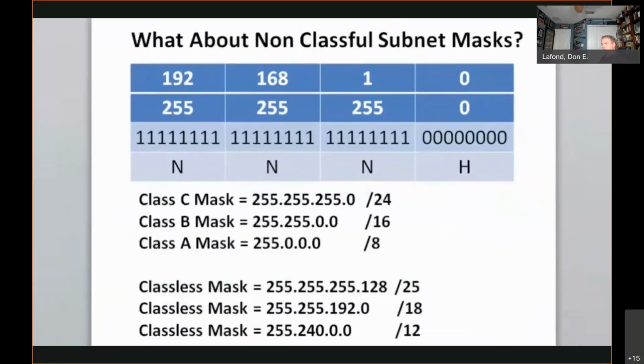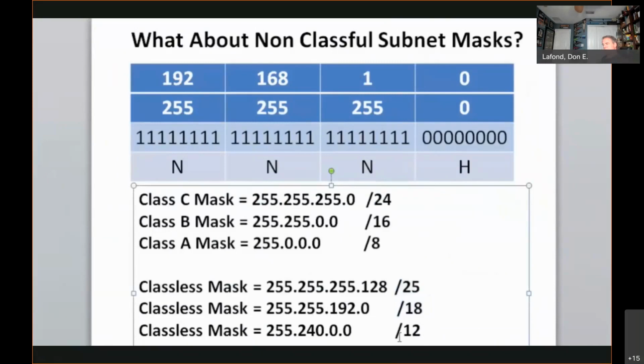What about non-classful subnet masks? We've seen that the class C subnet mask is /24. We've seen the class B subnet mask /16 and the class A subnet mask /8. But what if we use classless masks? In other words, what if we have a /25 subnet mask or a /18 subnet mask, creating a 255.255.192.0 subnet mask?